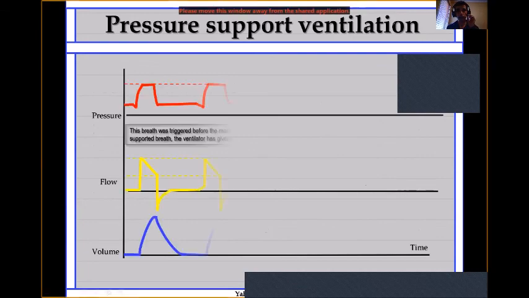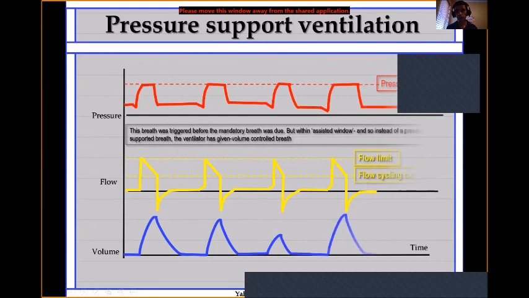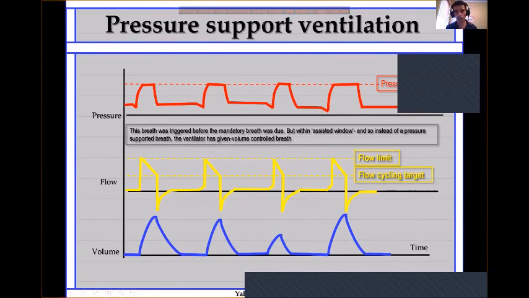And this is the pressure control. You can see the flow is peaking up and going back, peaking up, then it's flow limited, and it's pressure control. While if you see a square shape in the flow, then it's volume limited. So you can see it's pressure limited, and you can see the pressure is plateaued. And you can see there is variable tidal volume.